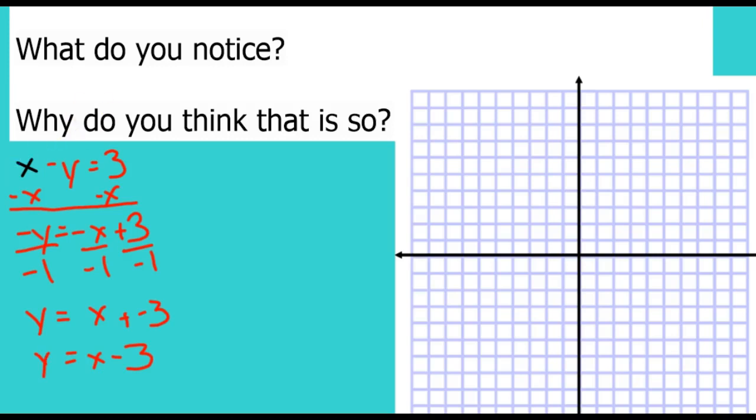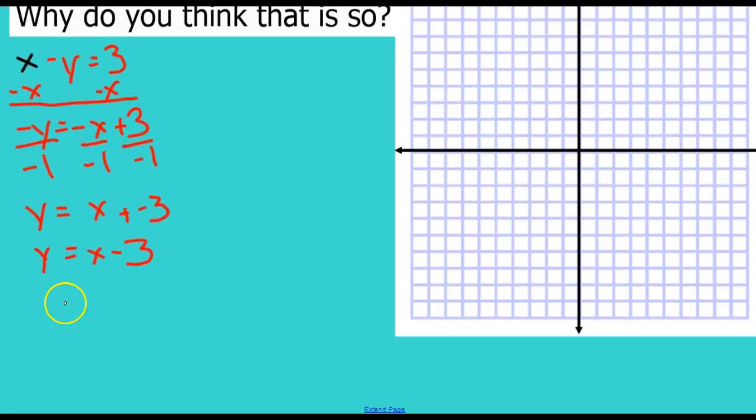If I wanted to graph this line, I'm going to make a table. I'll put 0, I'll put 1, and I'll put 2. So 0 put in for the x in x minus 3 gives us negative 3. 1 minus 3 gives us negative 2, and 2 minus 3 gives us negative 1.